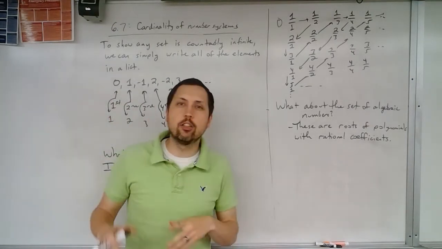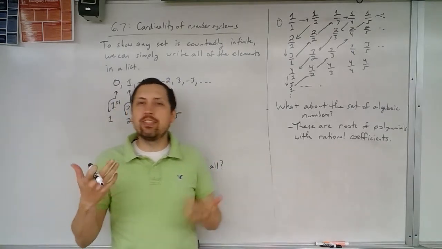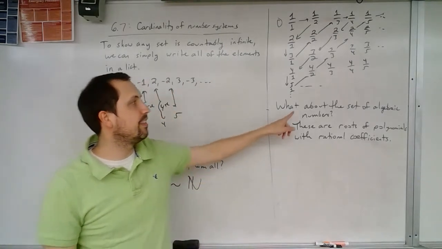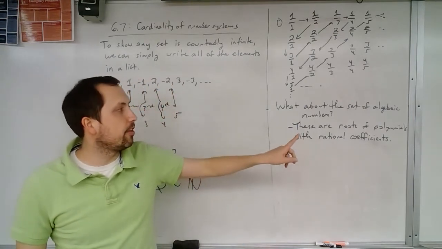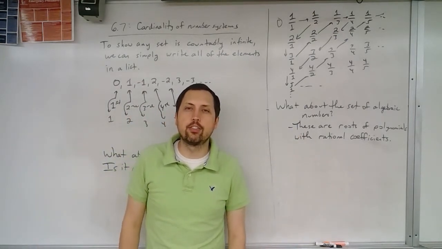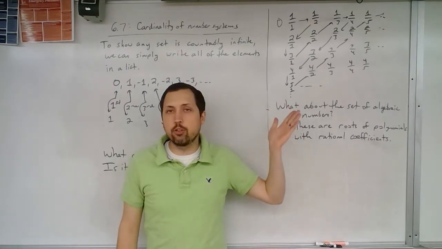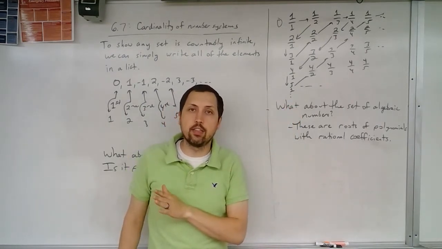So then the next largest kind of common set is what happens if we look at the set of algebraic numbers. These are the roots of polynomials with rational coefficients. So all of the rational numbers are going to appear in this list, right?